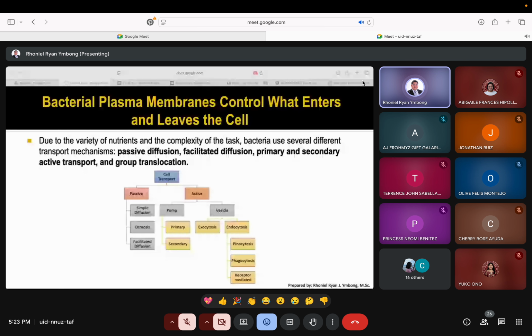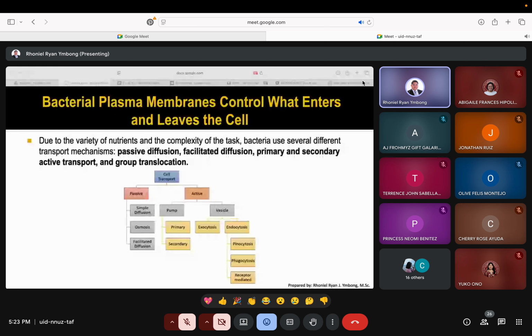Then you have osmosis, if you are referring to the movement of water. And then you have facilitated diffusion, where protein transporters transfer your materials. All of them have no expenditure of energy.